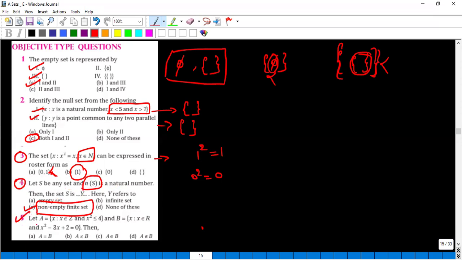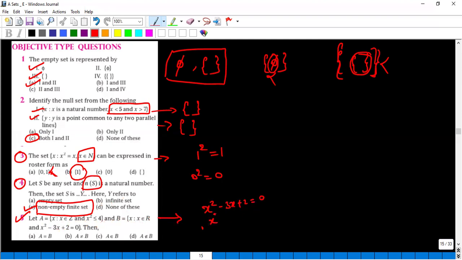Question number 5. Let A equal x such that x belongs to Z and x square is less than or equal to 4, and B equal x such that x belongs to R, x square minus 3x plus 2 equals 0. Let us solve this and find out the solutions. x square minus 3x plus 2 equals 0.